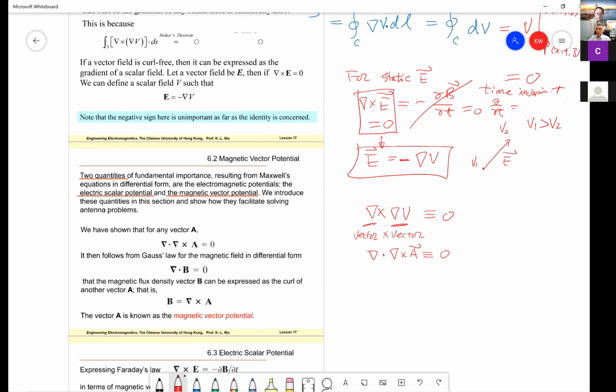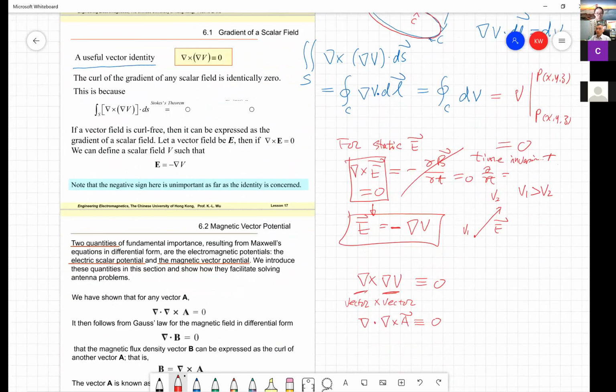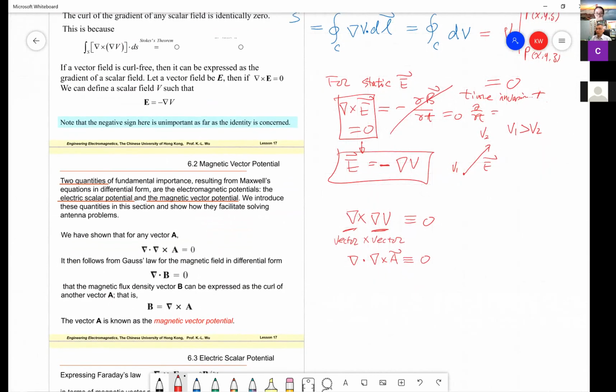Now we define V. This V is what we call the electrical potential function. Potential is not new to us, right?